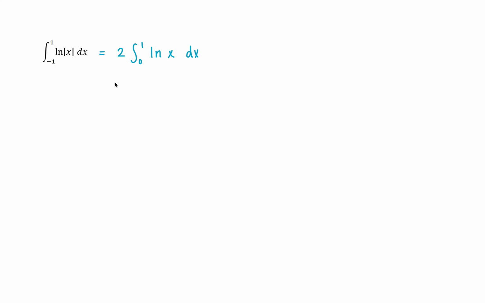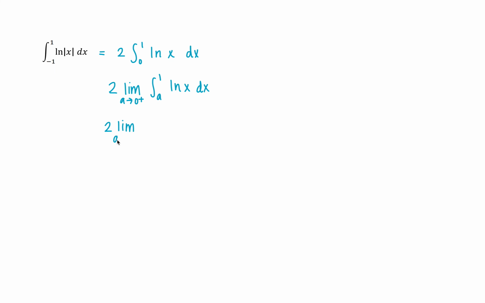So I've got twice the limit as a approaches 0 from the right, the integral from a to 1 of the natural log of x dx. In the integral table, number 116 on that integral table, you'll see the formula to integrate this.